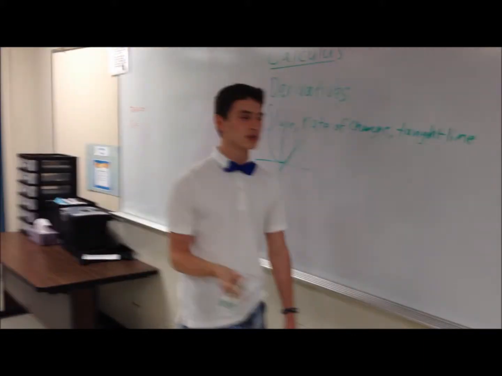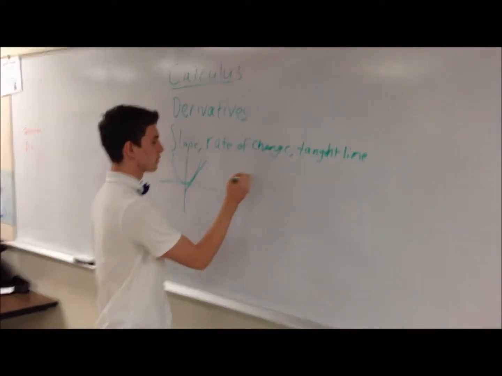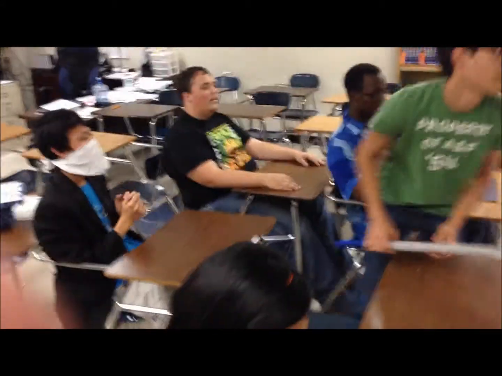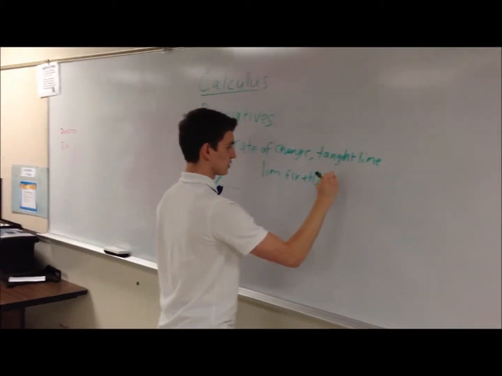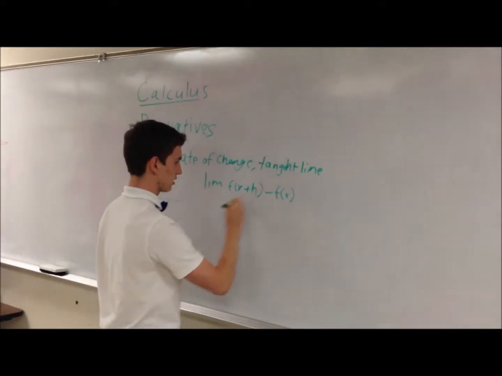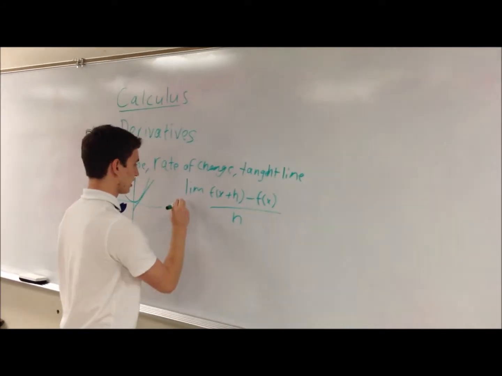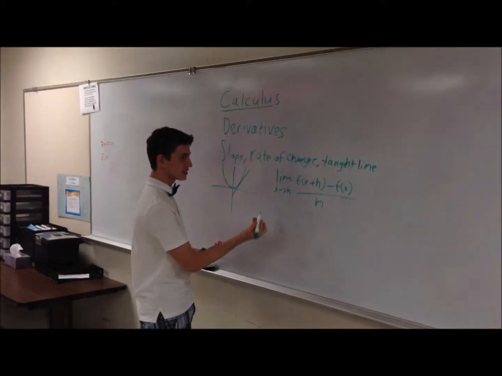Now, in terms of limits, the definition of a derivative would be the limit of a function of x plus h minus function of x over h as x approaches h. So let's take, for example, the function x squared.